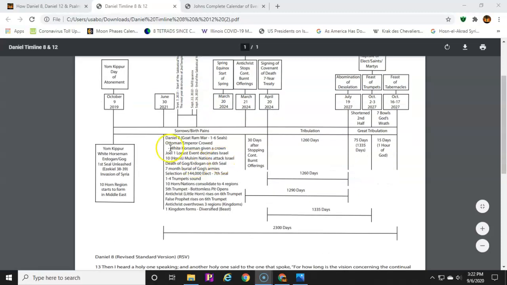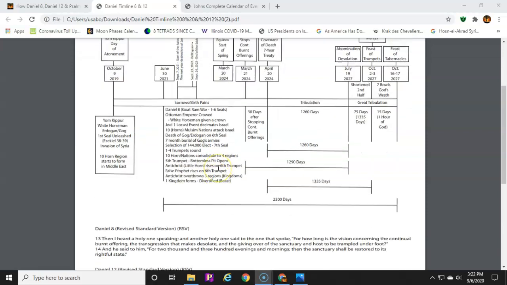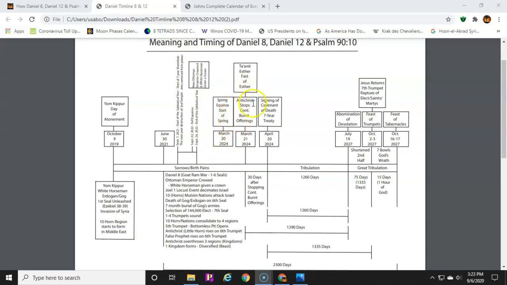And as we start to see all this destruction of the Daniel 8 war, Ezekiel 38 and 39, the selection of those 144,000, the first 4 trumpets sound, we're going to start to see then that resurrection of Antichrist. And now we're into that 2024 date. Like I said, 2023 wants to rebuild that Ottoman Empire.